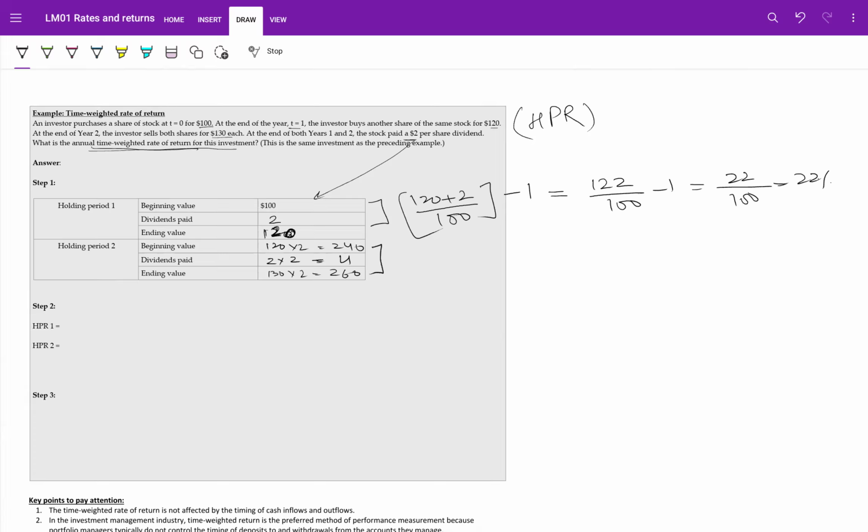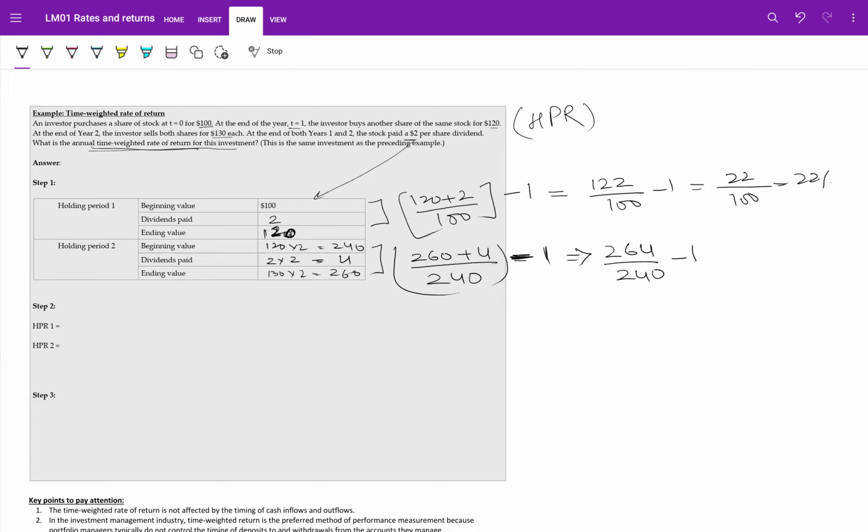Here in this situation, 260 plus 4 upon 240. Then we subtract 1 out of this whole equation. 264 divided by 240 minus 1.